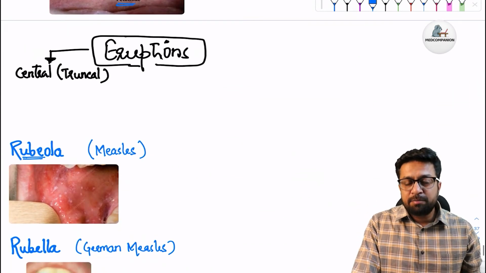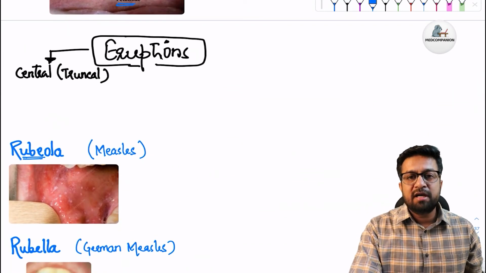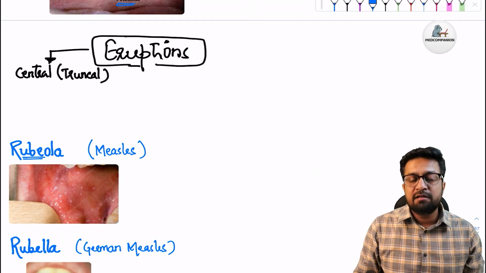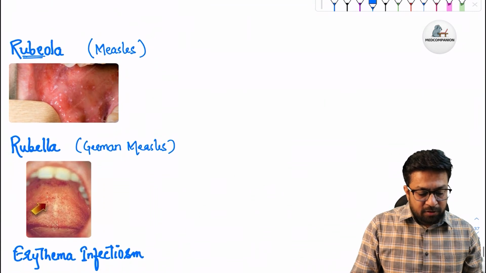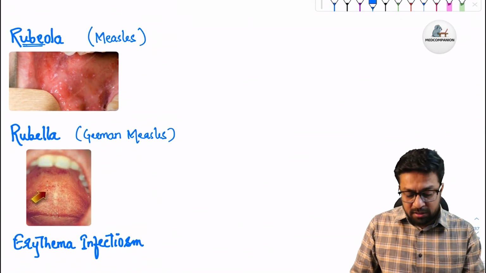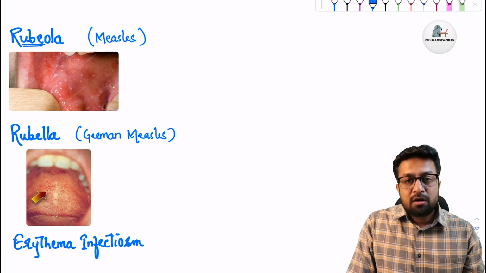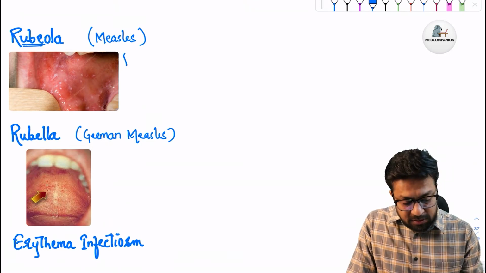Finally, coming to the eruptions and defining them depending upon where they occur, they can be either central or they can be peripheral. Central, they occur on the trunk. We have different diseases very commonly asked in the NEET-PG exam. The first one is what we call as rubeola, also called as measles, the first disease.